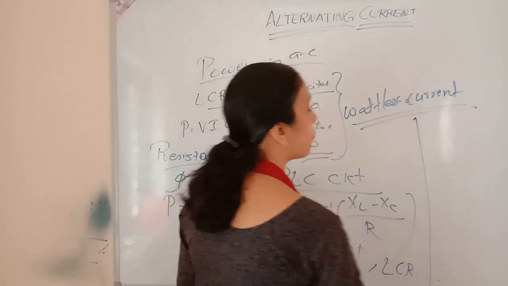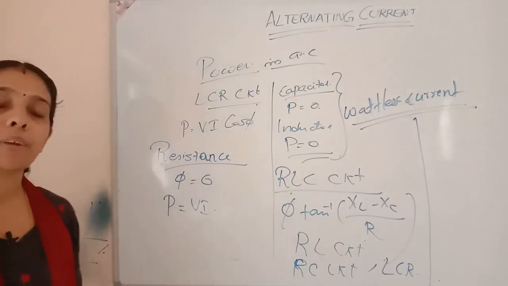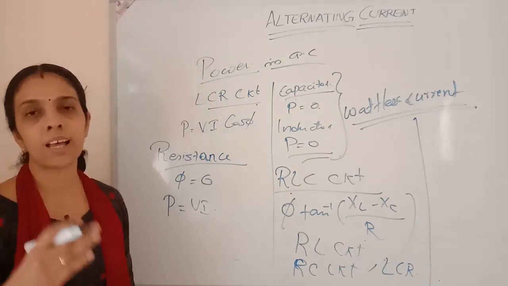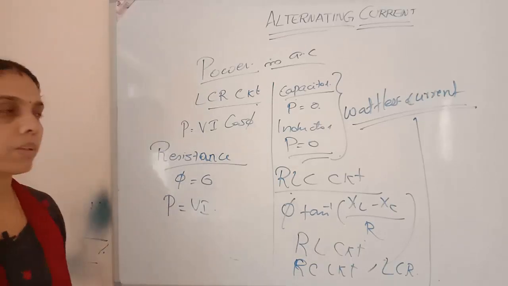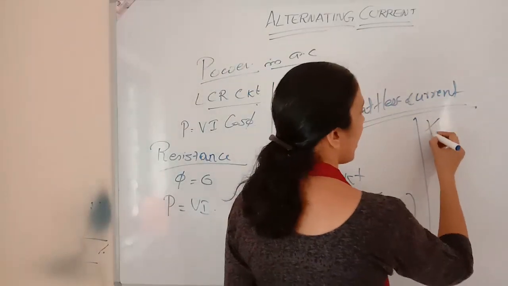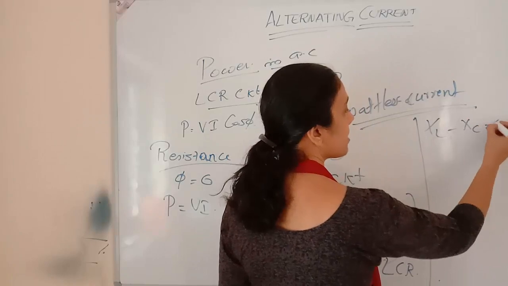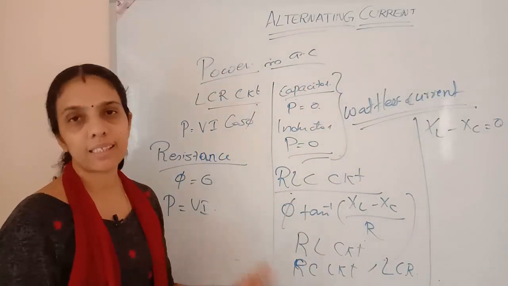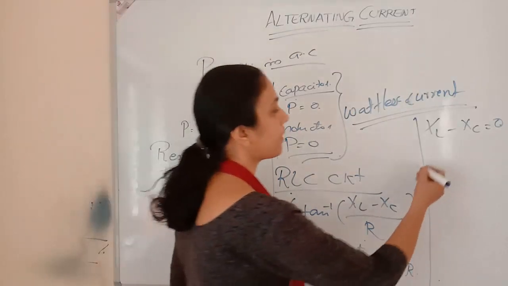When will maximum power be dissipated? Yesterday we learned about resonance. At resonance, maximum power will be dissipated, that means XL minus XC equals 0. So what will the power be in that case?